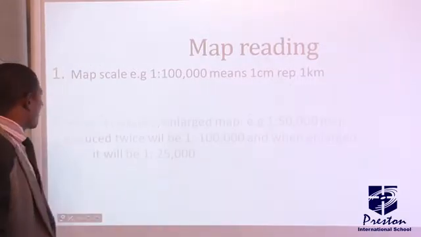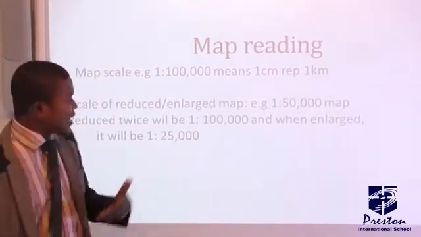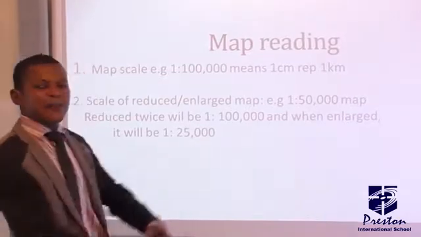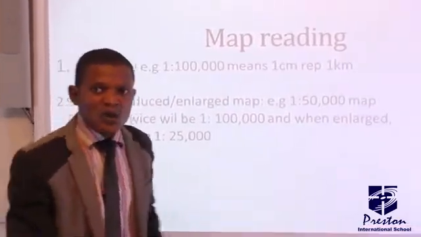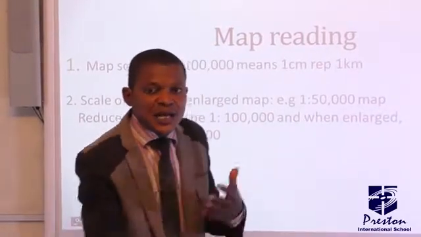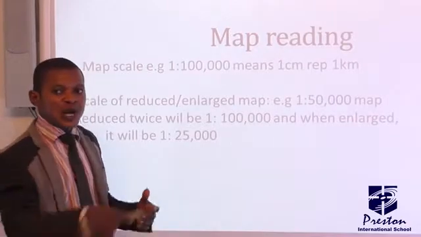Take note of that. And number 2, we look at the scale of a reduced map or an enlarged map. When a map is reduced, the scale becomes bigger. When a map is enlarged, the scale becomes smaller by the number of times you are enlarging or reducing.